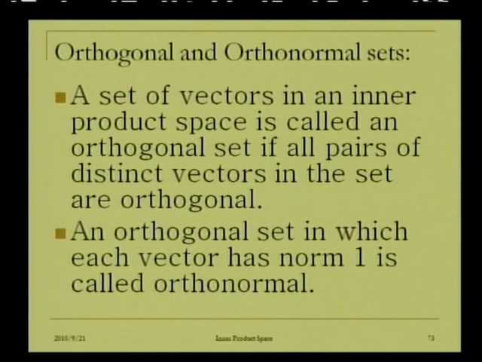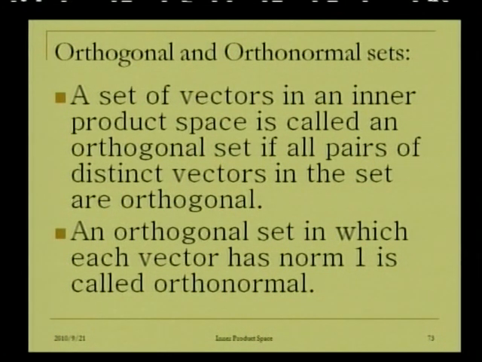Similarly, we define an orthonormal set of vectors. An orthonormal set of vectors is a set of vectors in which each vector has norm 1. Or we can say that an orthogonal set in which each vector has norm 1 is called orthonormal.